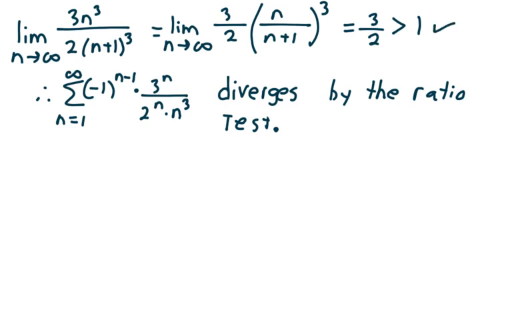And if you're greater than 1, that's going to tell me that the series from n equals 1 to infinity, right here, of (-1)^(n-1) times 3^n over 2^n times n^3 will diverge by the ratio test. So if you get a number greater than 1, we diverge. If we get a number less than 1, we converge.